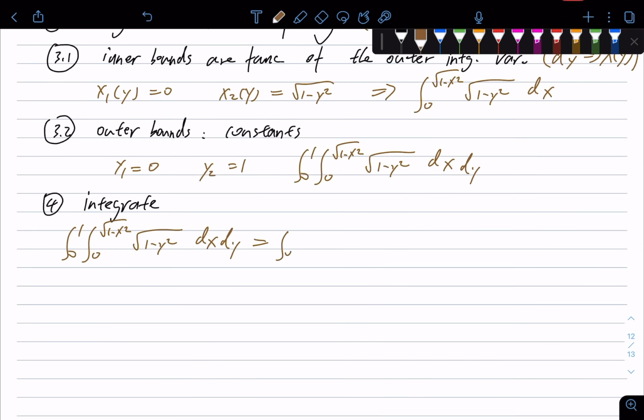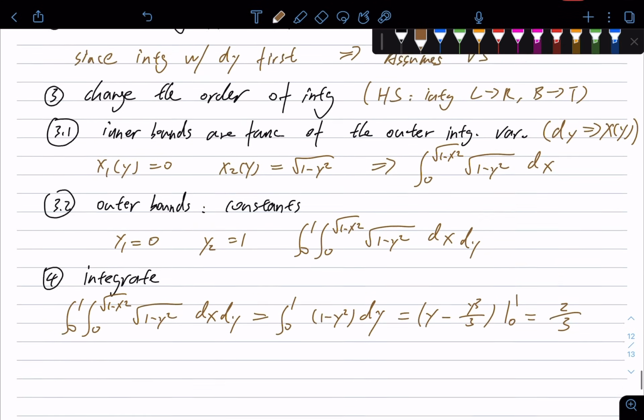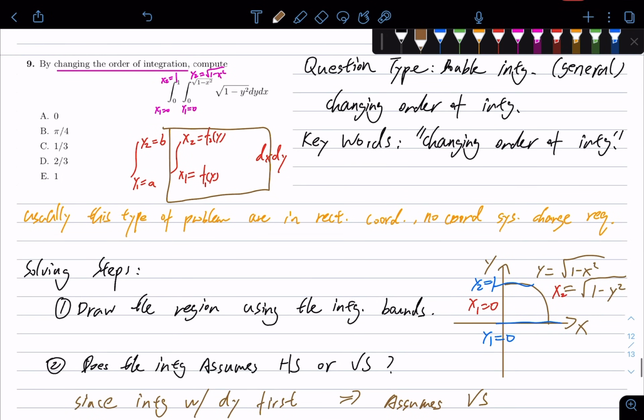So 0 to 1, we integrate 1 minus y squared dy. This will give us y minus y cubed over 3, from 0 to 1, which gives us 2 over 3. And this is the correct answer.